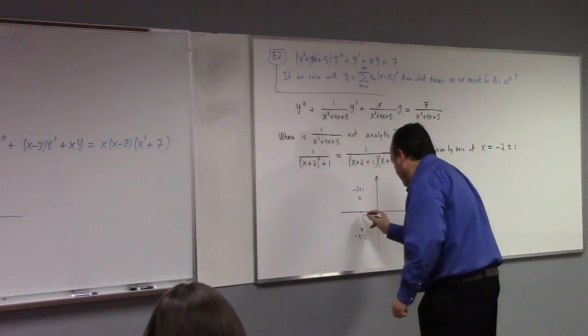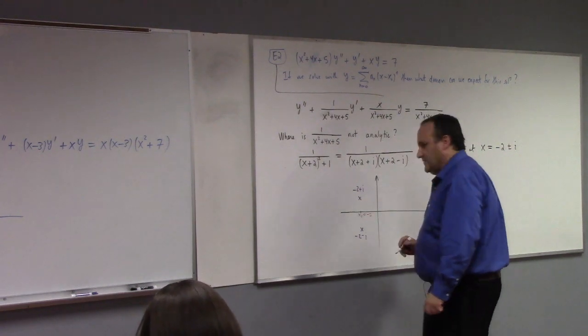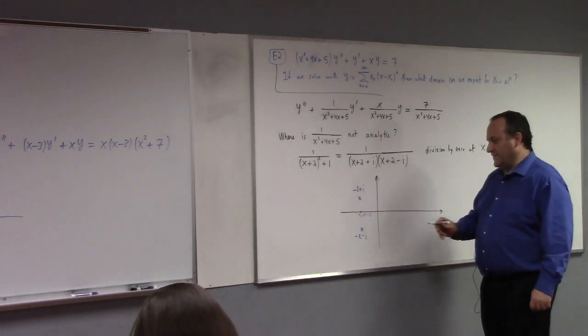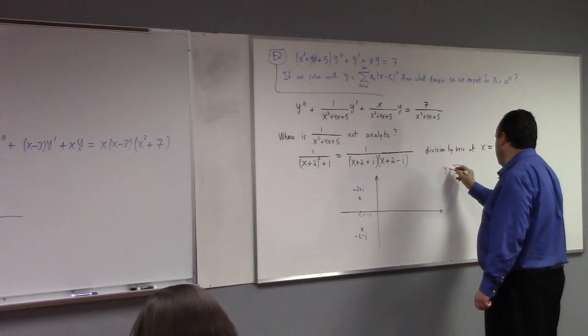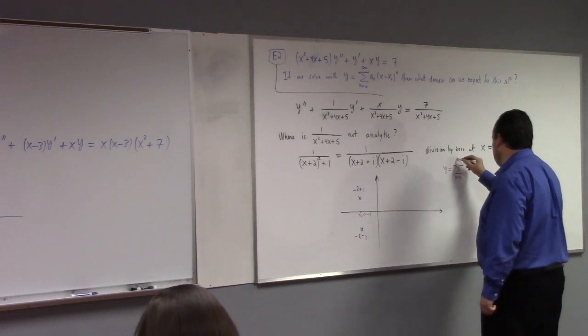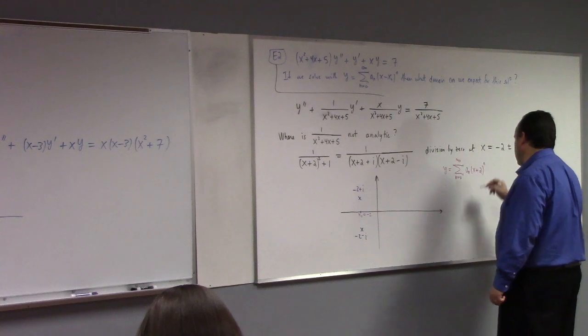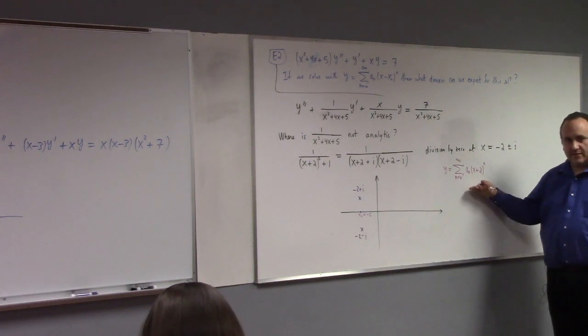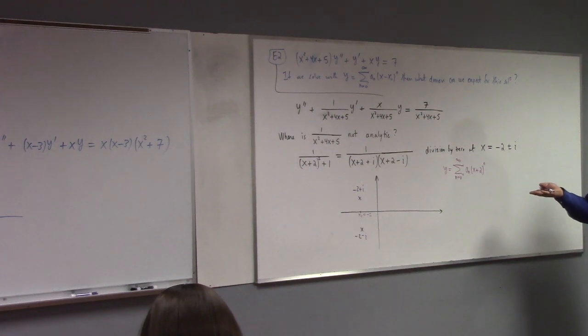We could have x naught equals minus 2, for instance, right? If I center my solution, if I write y equals the sum n equals 0 to infinity of a sub n times (x plus 2) to the n, well, this would be a power series solution centered at minus 2, right?